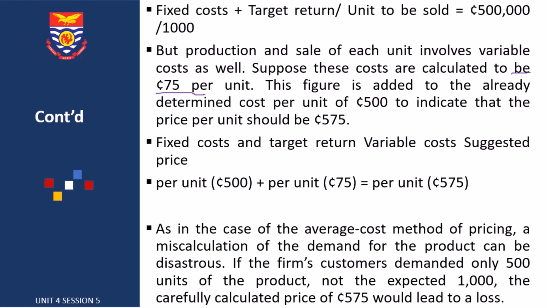Let's assume the fixed cost is 500,000 plus target return, which is 500,000, all over units to be sold, and we have 1,000 units to be sold.